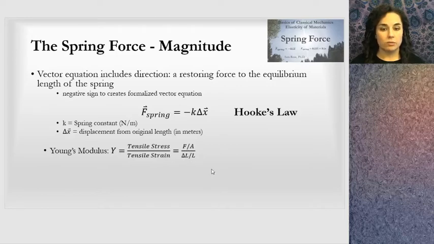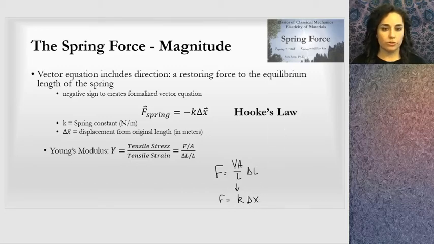I looked at this in a prior lesson where we saw that the force being applied is YA over L times delta L, and you can see how this equation copies that. What we're saying is that YA over L, the Young's modulus, area and length, is a constant value that we can call k. So then it's related to the force and the change in length, which we call delta x in Hooke's law.